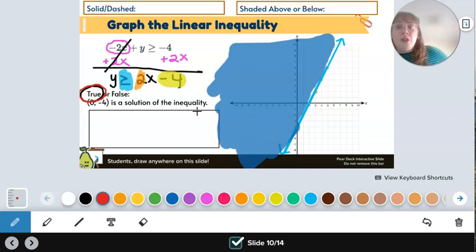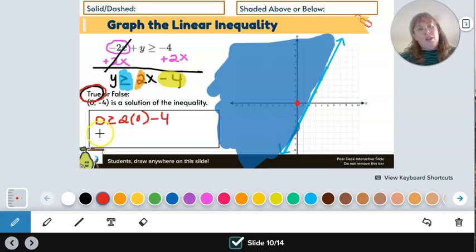But if you weren't sure which one is above and which one is below, I would think of a point (0, 0). It's a great point to test because it's super easy to plug in. So we would get 0 is greater than or equal to 2 times 0 minus 4. So 2 times 0 cancels out to 0.